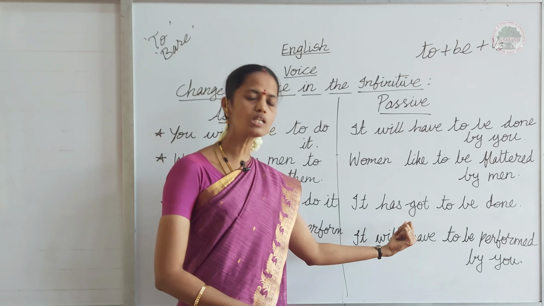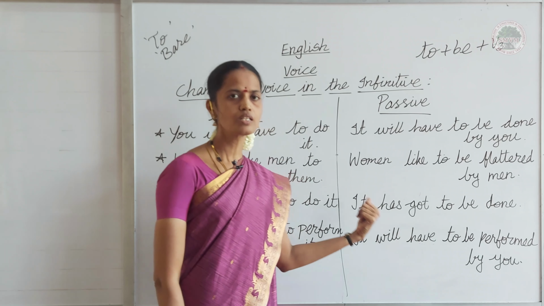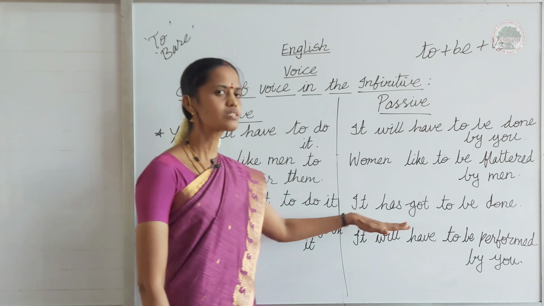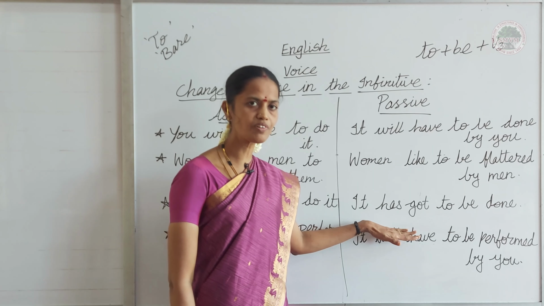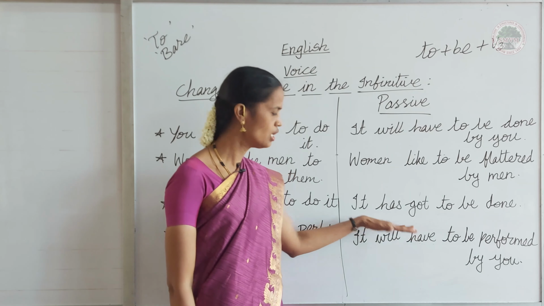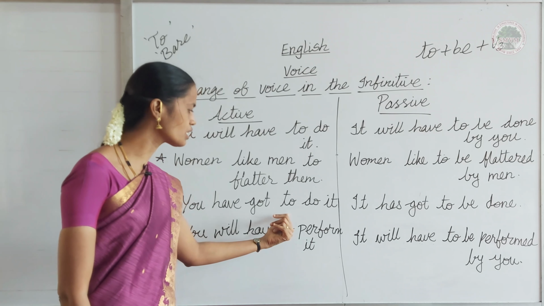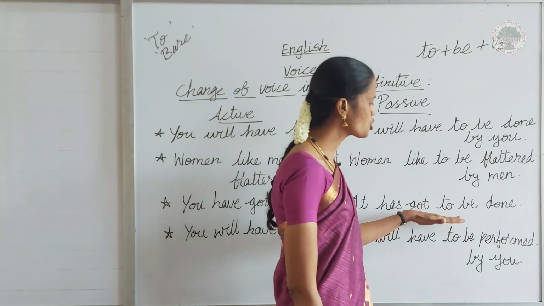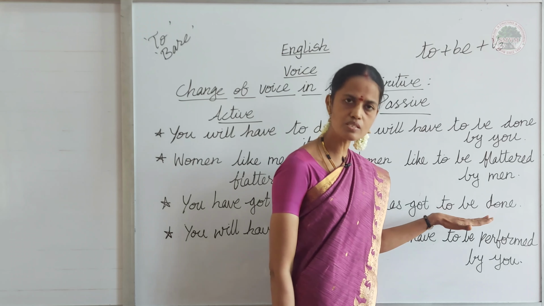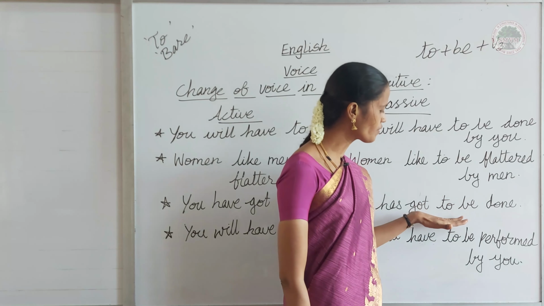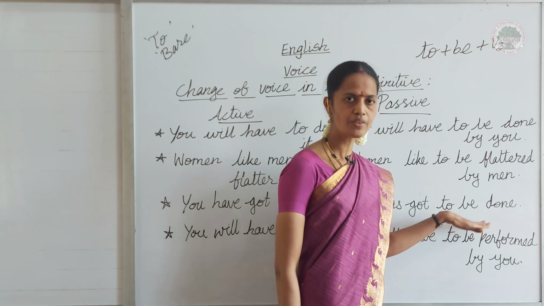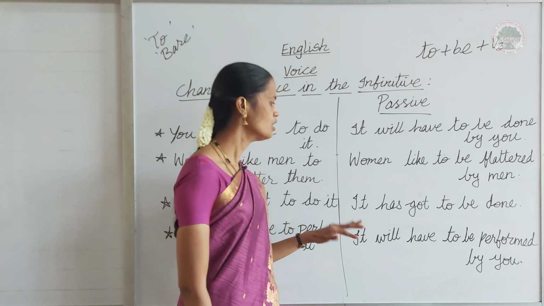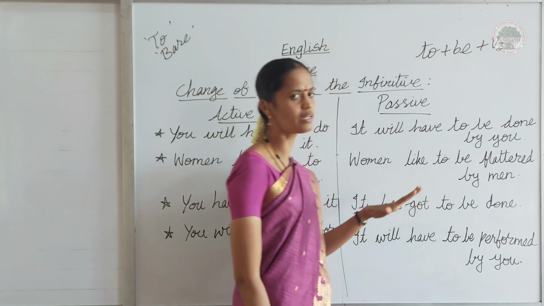So you know very well this is present perfect. The main verb is used in present perfect form, so we have used the present perfect form in passive voice also. Then what about the to-infinitive? "To do." So how did we change the "to do"? "To be done." Because this is an infinitive, after "to" we introduce the "be." Then the third form of the verb, "done," we have used here. So, it has got to be done.